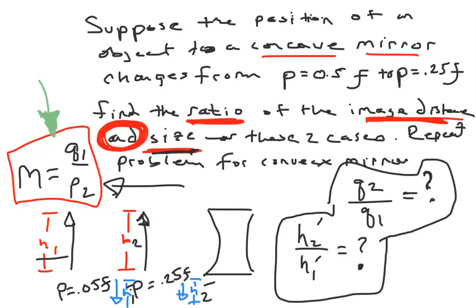So it is important. Will we need it for this question? Yes. But how should we start this question? How can we start to solve? We need Q2 over Q1, which means what should we try to solve for first? If we need Q2 over Q1, what should we try to solve for?